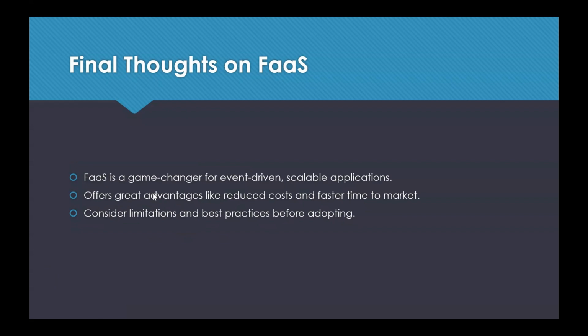Like I already said, since you are paying for the function execution count, you don't need to worry about the cost, and whenever you are not using the function app, you will not incur any cost. Because of this, it also enables faster time to market. You can develop and release your application easily and early so that you can deploy to the end users as quickly as possible.